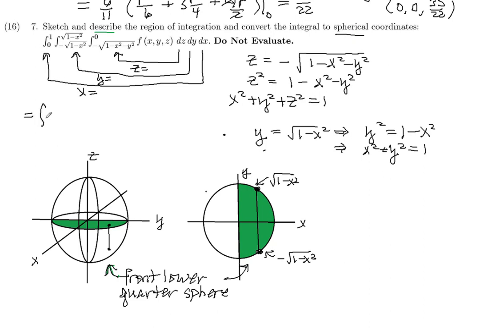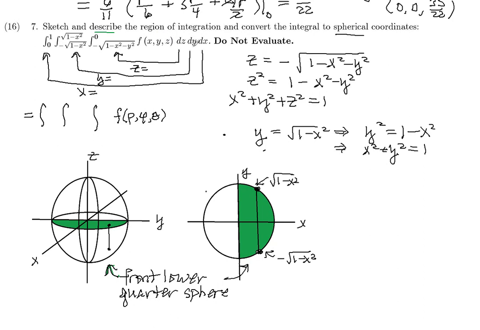So this is going to be integral, integral, integral. We don't have an equation of a function here, but it's going to be f written in terms of rho, phi, and theta. So whatever the equation is in x, y, and z, we're going to plug in. X is rho sine phi cosine theta, y is rho sine phi sine theta, and z is rho cosine phi.